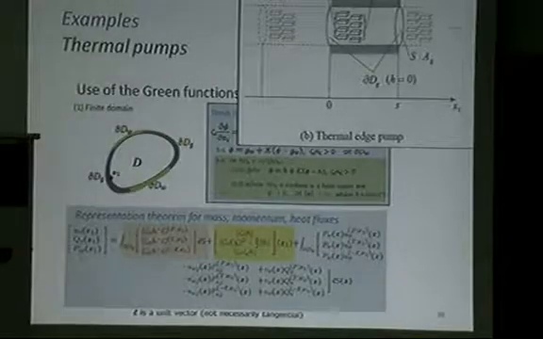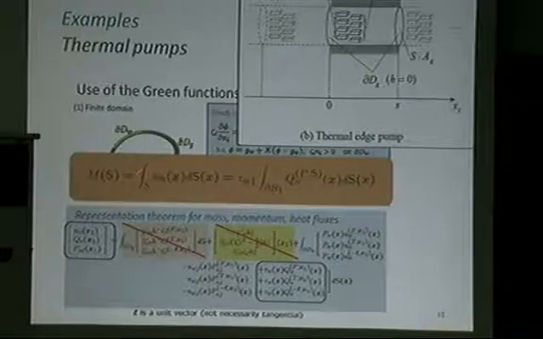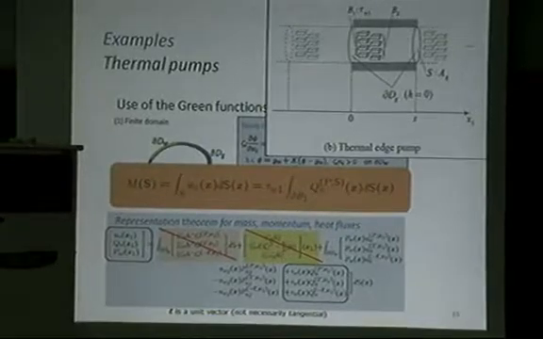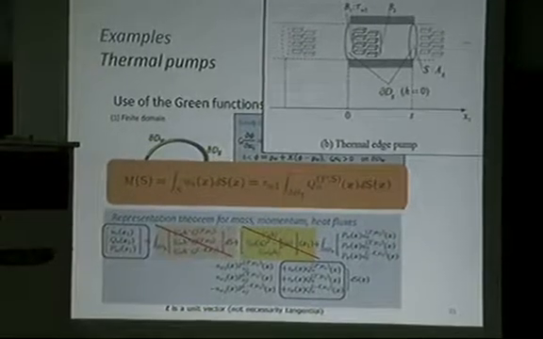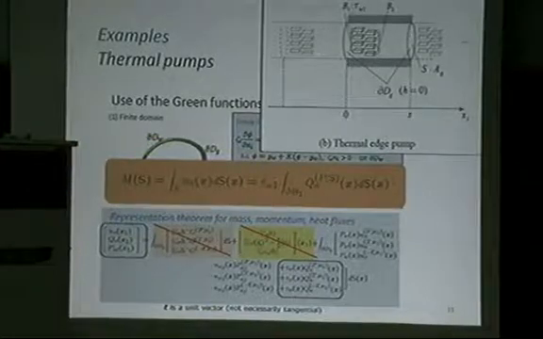And for this case, by the same argument, to know how much mass flow you obtain by this device, what you have to do is just to consider the conductance problem. You put the pressure source at one end and solve this problem. Then you can obtain the mass flux.